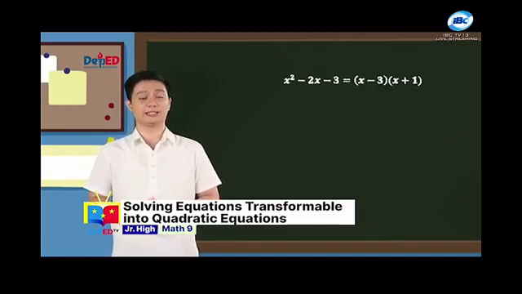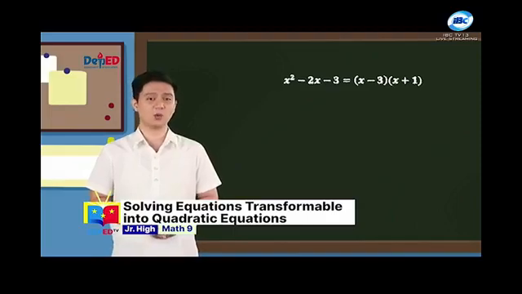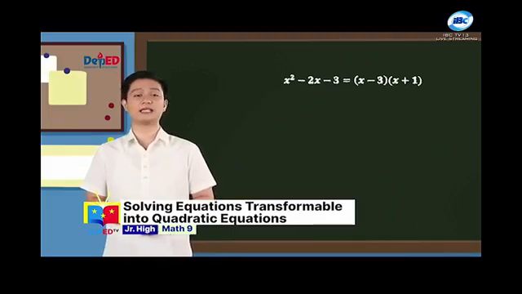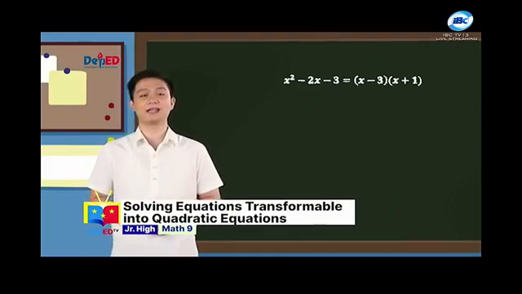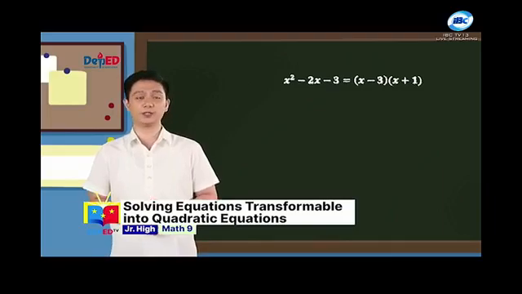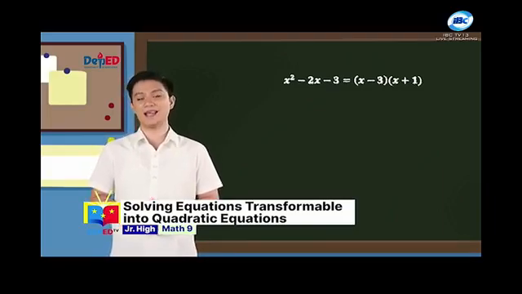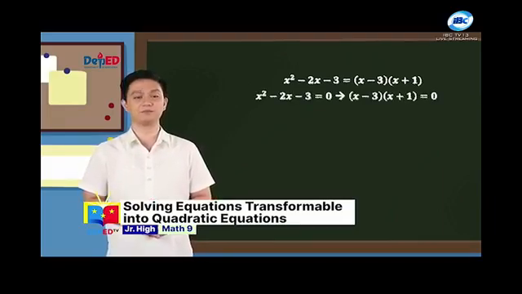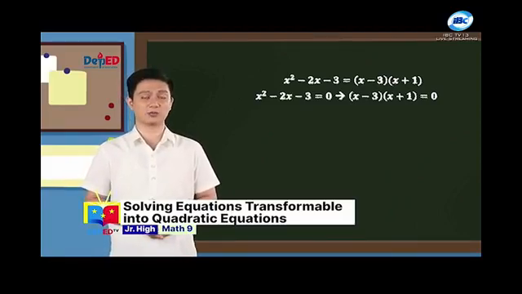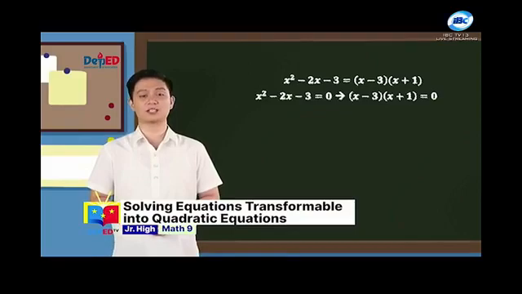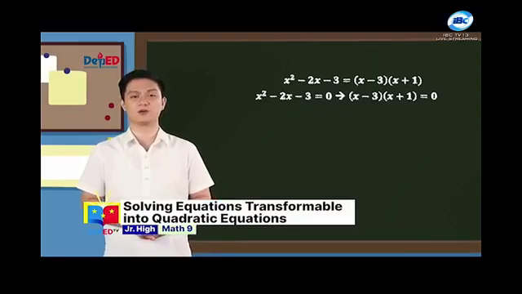Step 4. Solve the derived quadratic equation. X squared minus 2x minus 3 equals 0 can be solved by factoring. X squared minus 2x minus 3 is equal to the product of the binomials x minus 3 and x plus 1. The equation can then be written as x minus 3 times the binomial x plus 1 equals 0.